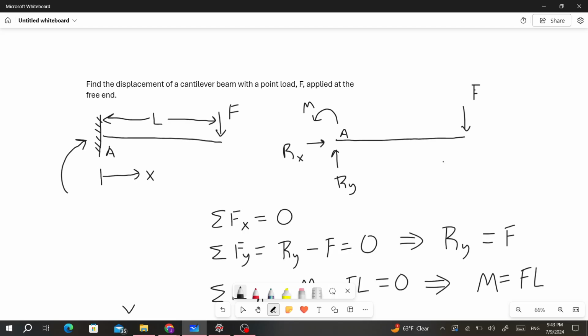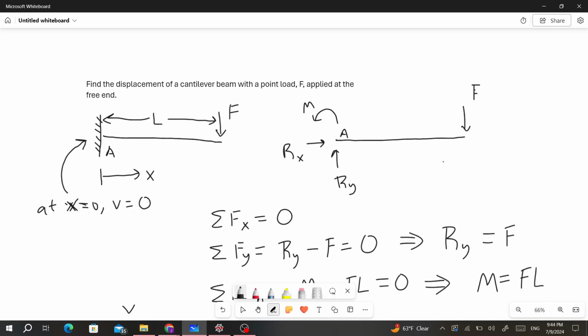In this case, for a fixed end, at x equals 0, we know that v is equal to 0.